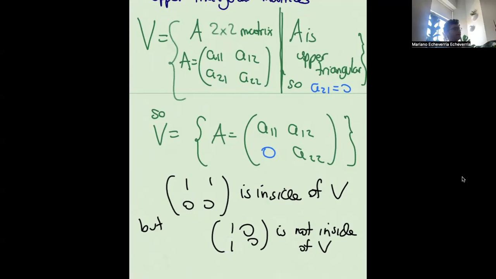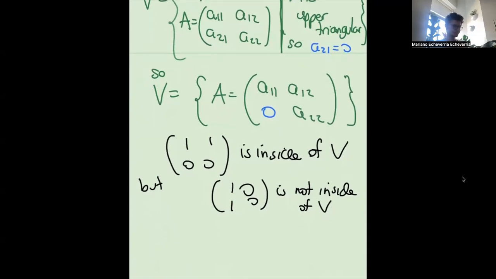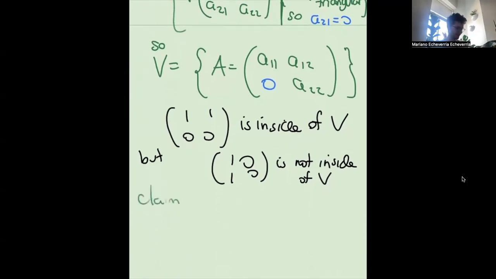Okay, and so instead of looking at all possible 2 by 2 matrices, you're only looking at those where the third entry is zero, and so you could ask, does this still have the property that the sum of two upper triangular matrices is upper triangular, and multiplying an upper triangular by a number is upper triangular, right? So my claim is going to be that V is a vector space in that sense.